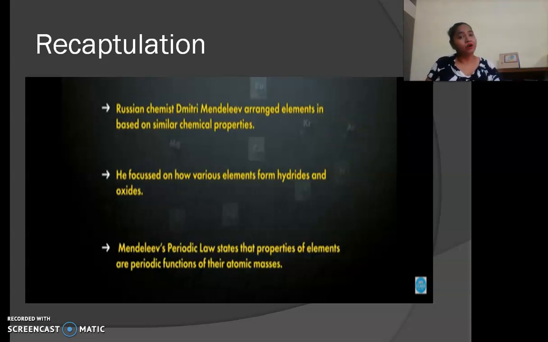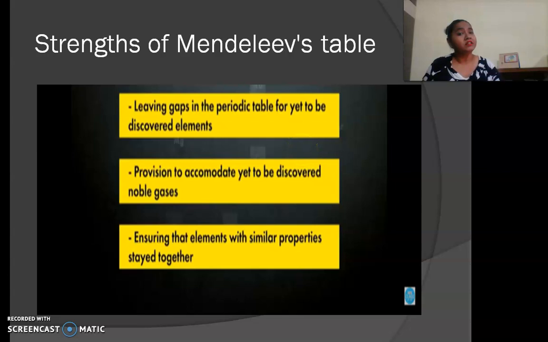Mendeleev's periodic law states that properties of elements are periodic functions of their atomic masses. What are the strengths of Mendeleev's table? Leaving gaps in the periodic table for yet to be discovered elements. Provision to accommodate yet to be discovered noble gases. Ensuring that elements with similar properties stay together.